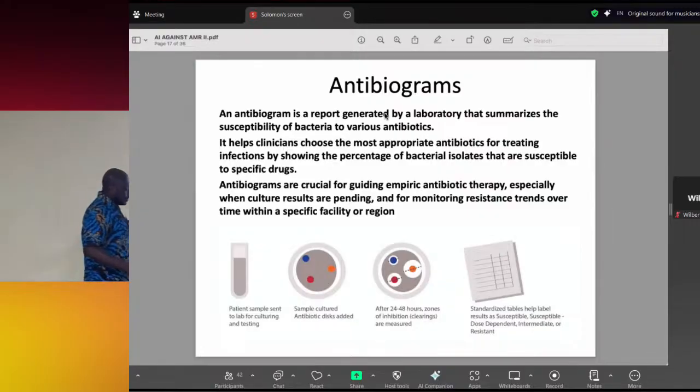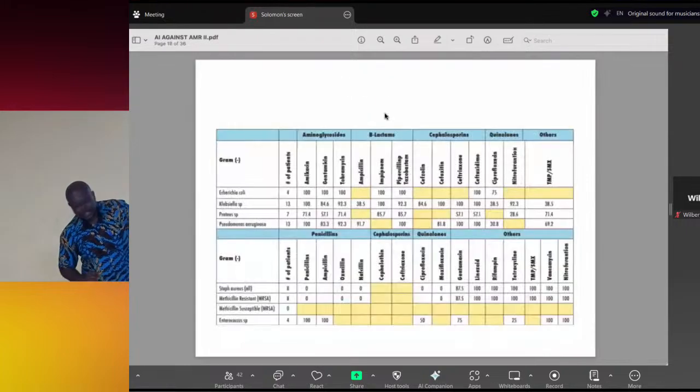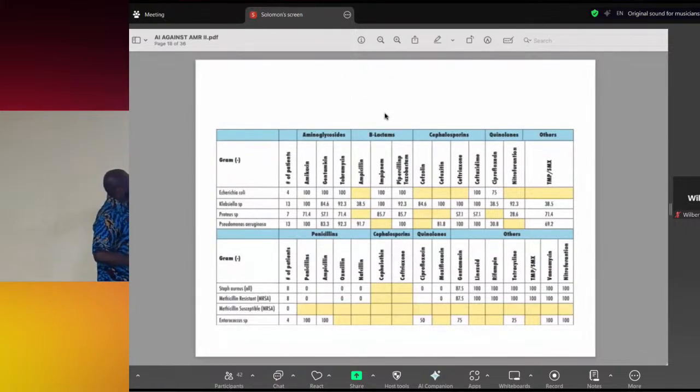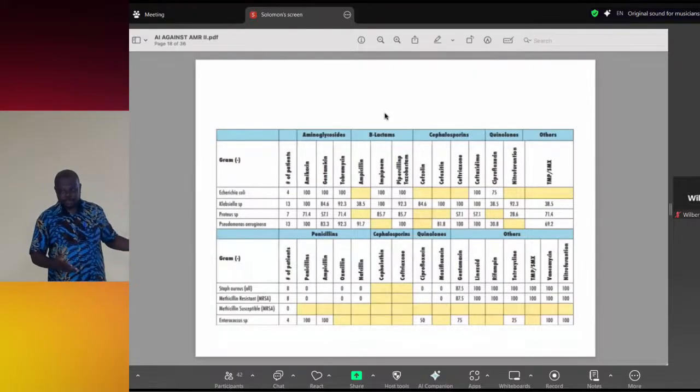So we aggregate this data and then we plot it in the form of a table. And that table is what we call an antibiogram, what we have over here. So an antibiogram displays organisms and then antibiotics they are susceptible to or resistant to based on the lab tests that we've done.